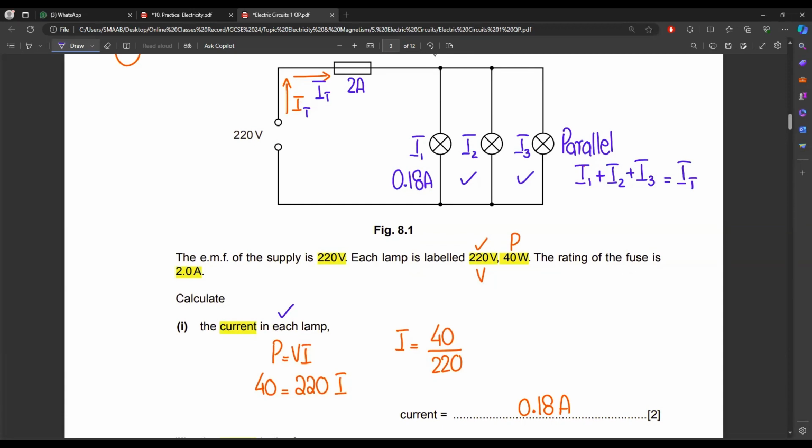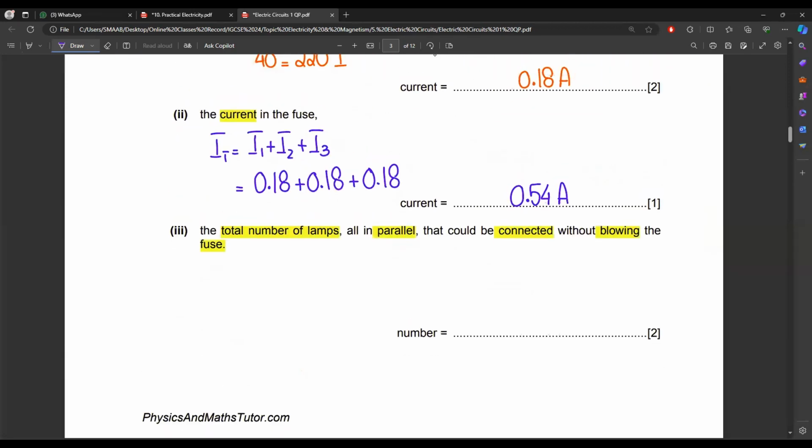So basically the total value of the ampere that the fuse can bear is equal to 2 ampere, and the electric current passing through each lamp is 0.18. So let's suppose if we want to increase the number of lamps, we can just simply divide the 2 ampere by 0.18 ampere.